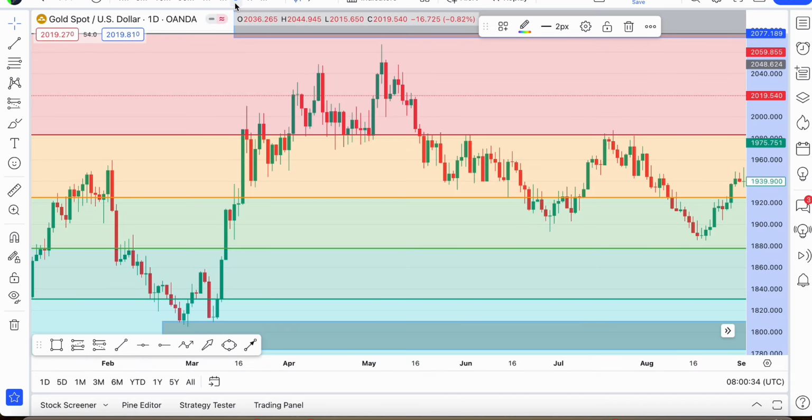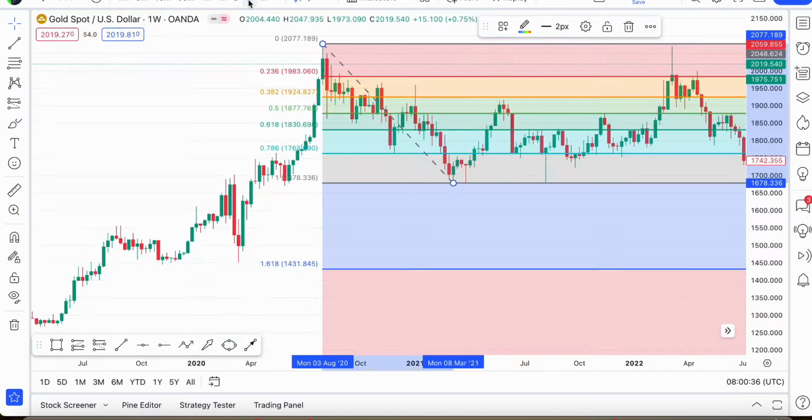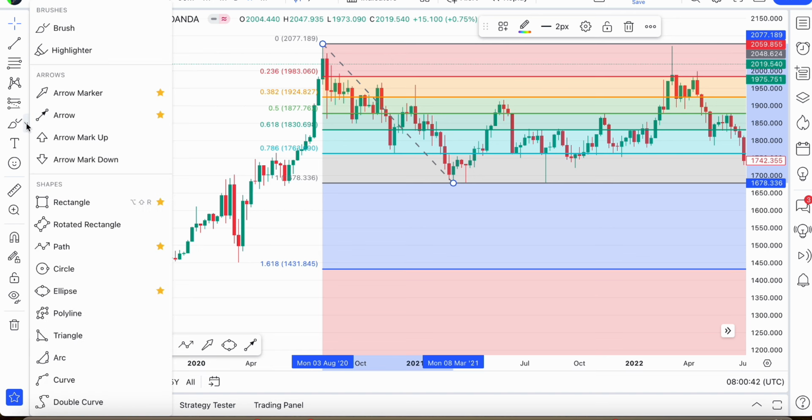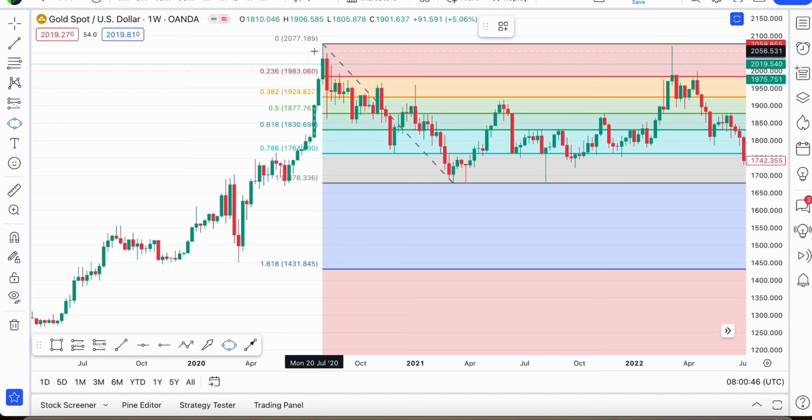Now, back again to the weekly time frame. I want to mark the date. Let me use the shape tool. Yes, ellipse tool. I want to mark where I start from, so that it's easy for me to see when I switch to the daily.